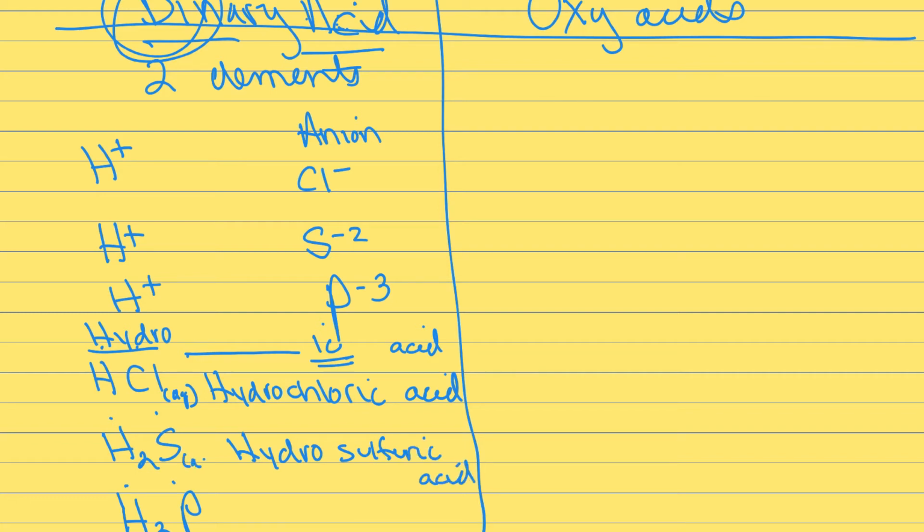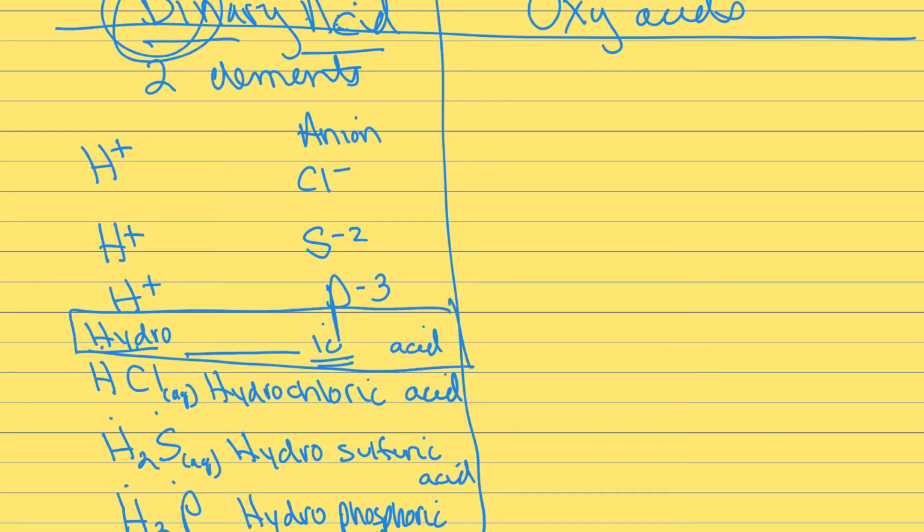And again, it's good to put AQ because technically they should be dissolved in water to be an acid. And this would be hydrophosphoric acid. Does everybody see that I'm just following this formula? Hydro, whatever the other element is, ic acid. So those are binary acids. That's the way that I do binary acids.